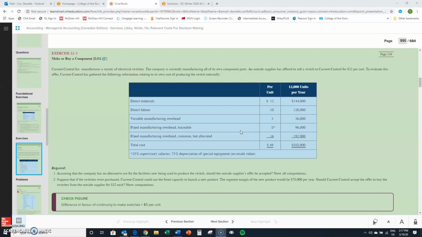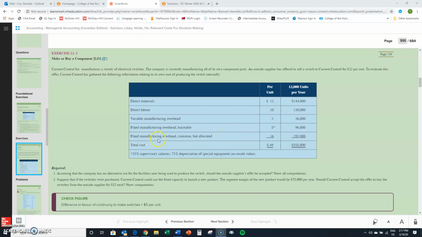Depreciation is a sunk cost. It's special equipment that's already purchased. It happened in the past and has no resale value. So if we stop making the product and don't use that equipment, we're not going to get any money back for it. So it really has no bearing on our decision.